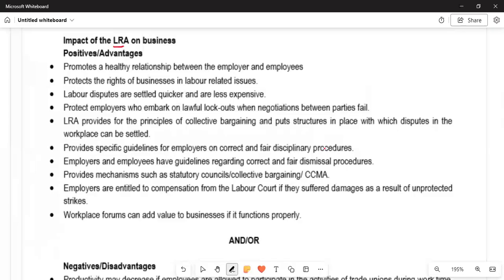So this is going to be very important for your term work. You need to refer back, and please note that under this we have the impact of the LRA, and these are the labor-related issues.